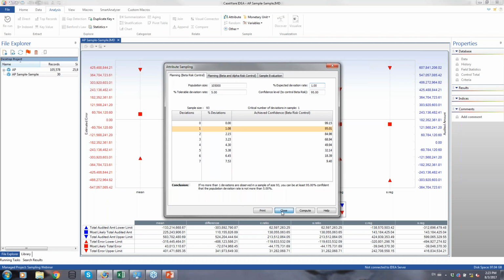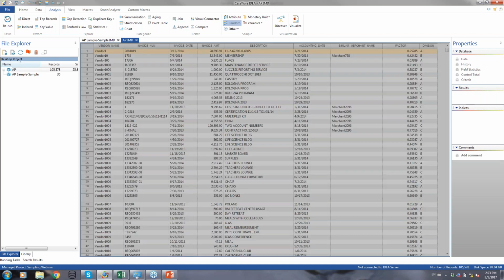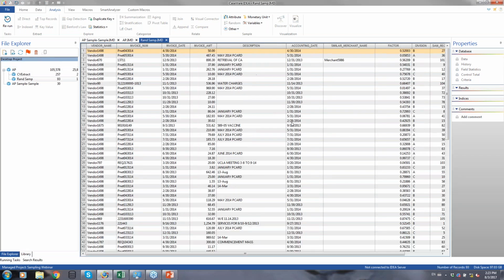unlucky ones. So if we wanted to pull a random sample of, say, 93 items, we could come here, pull the random sample, and it's that quick with IDEA. Rather than making a table, assigning random numbers, doing copy and paste and some sorting, we can get the random sample very, very fast.